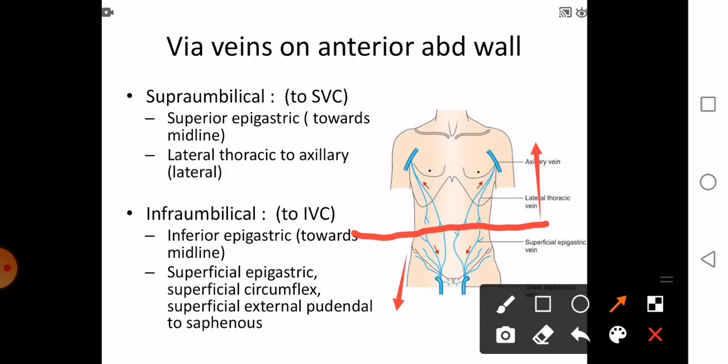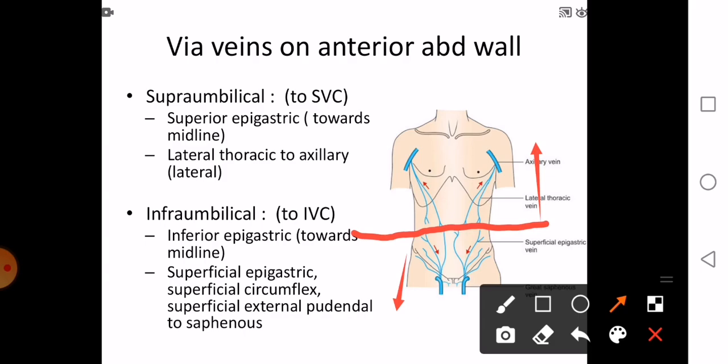In the supraumbilical part on the anterior abdominal wall towards the midline, we have the superior epigastric vein, and more laterally we have the lateral thoracic vein, which drains into the axillary vein.